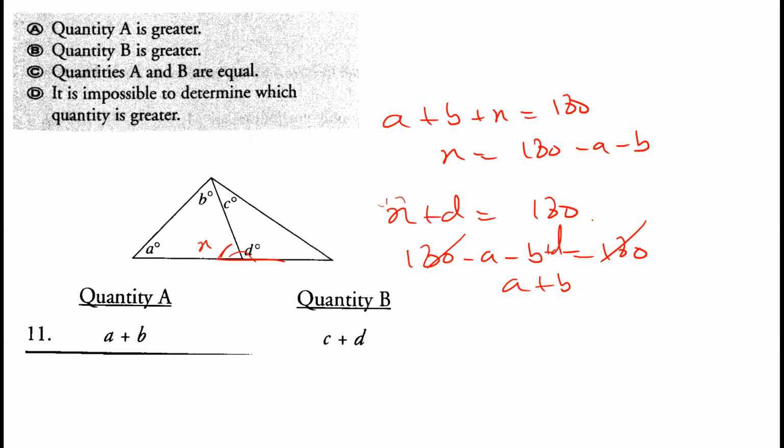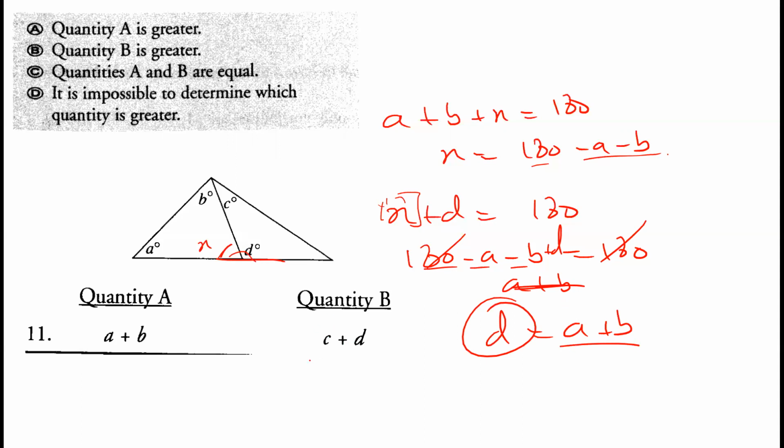So X plus D equals 180. What's your X? 180 minus A minus B. So 180 minus A minus B plus D equals 180. So what will D be equal to? D would be 180, 180 will cancel out, and D would be equal to A plus B. Now D itself is equal to A plus B.